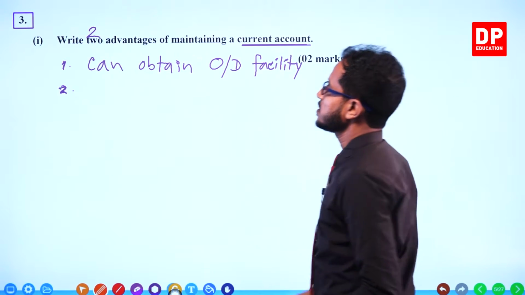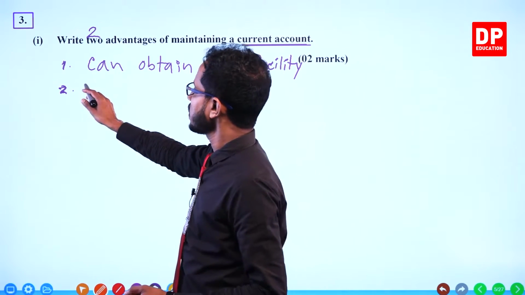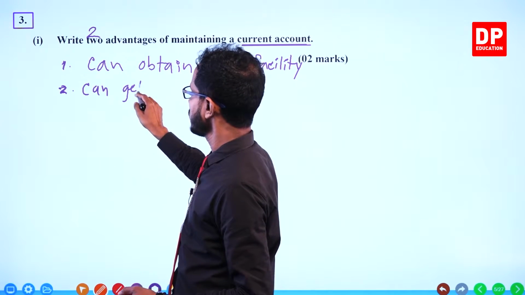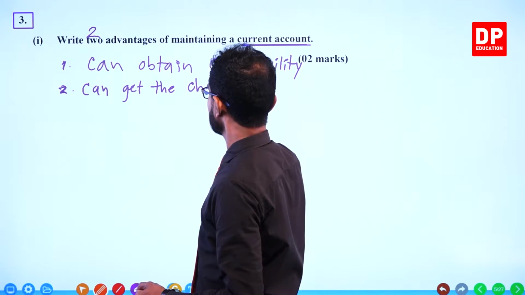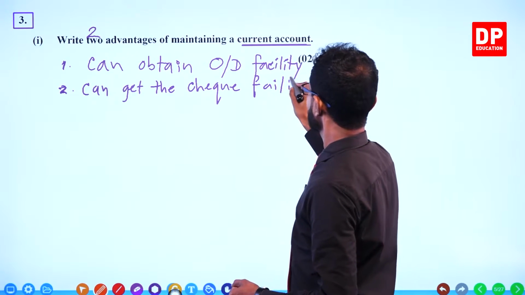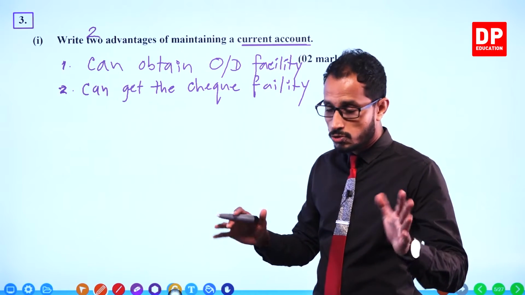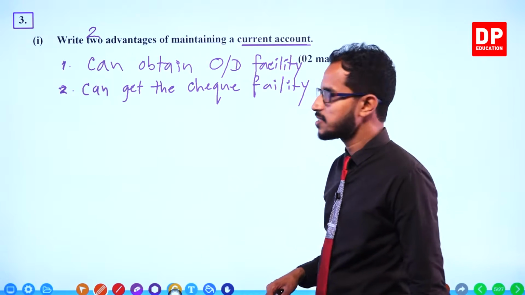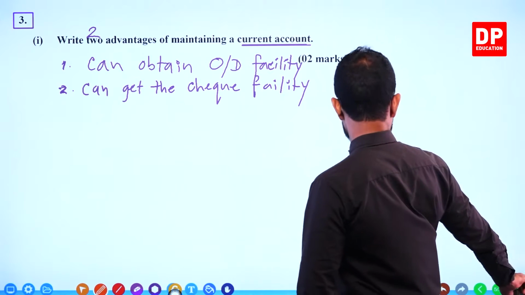Second, can use checks. Can get the check facility, to help you in your business activities. Can get the check facility. Can obtain OD facility. 2 marks.